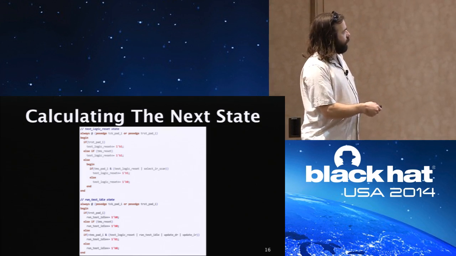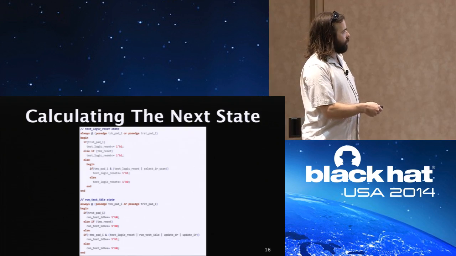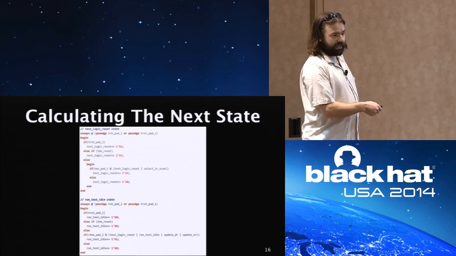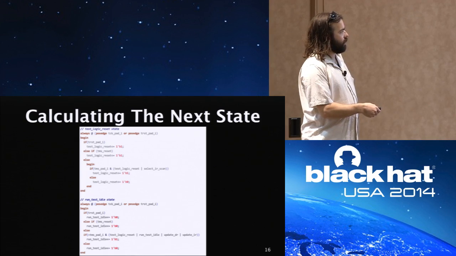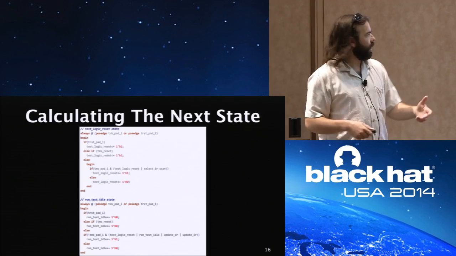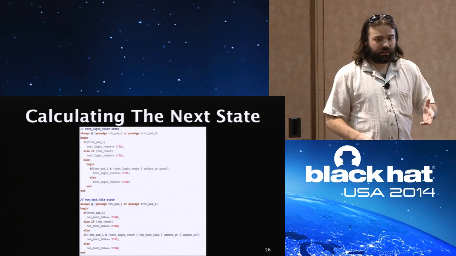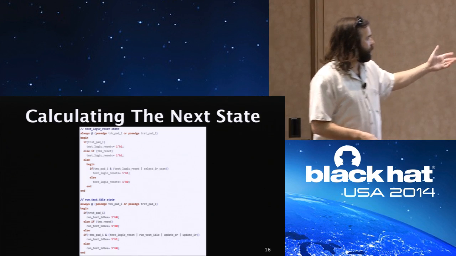Based on the previous state, if it's in a reset state, we'll set test logic reset to 1. If we have another reset condition, we'll set reset to 1. Otherwise, we'll check the previous state. So if we have TMS of 1 and either of these states, we're going to go to 1. Otherwise, all other cases will go to 0. So this logic is going to be calculated every time there's a TCLK trigger, and it's going to set the new test logic reset state.